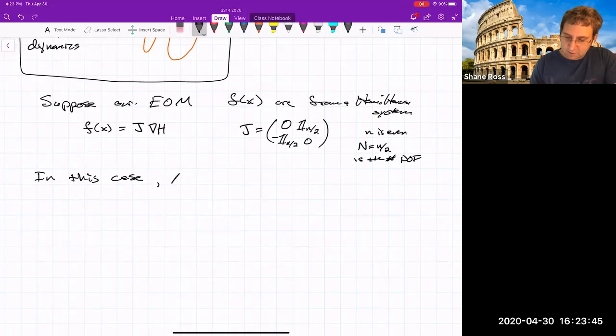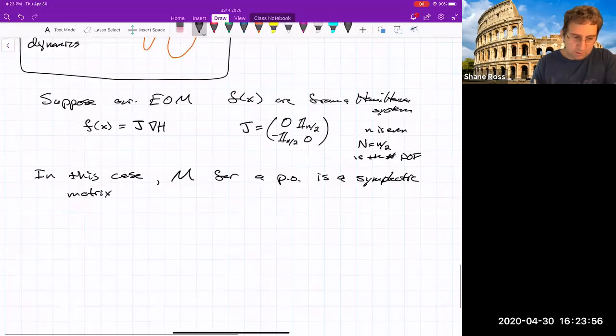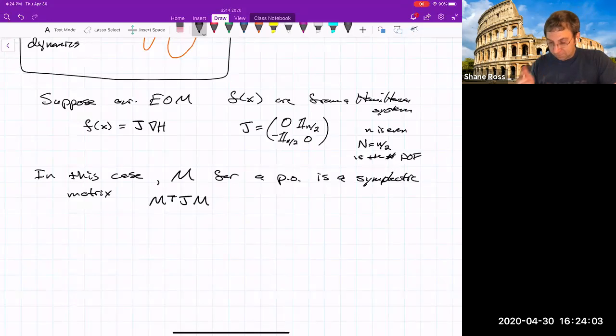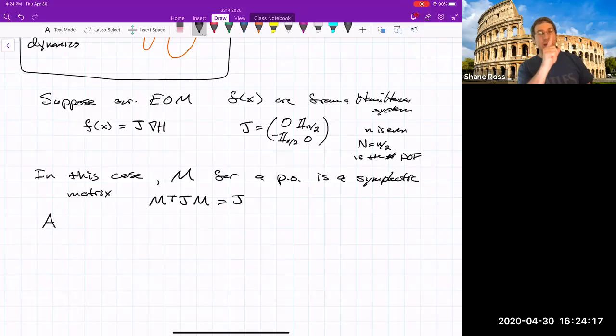In this case, the monodromy matrix for a periodic orbit is a symplectic matrix. And if you remember what that means, it means M transpose J times M equals J. And the consequence of this is that, for the matrix M, we already know it has one eigenvalue 1.